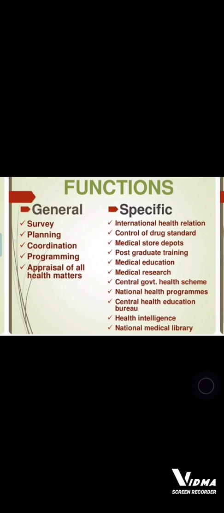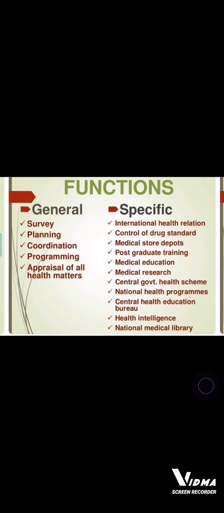They will research community health problems or health problems in India, whatever is present. Then the central government health scheme: DGHS will regulate and make the central government health scheme available to each and every individual.